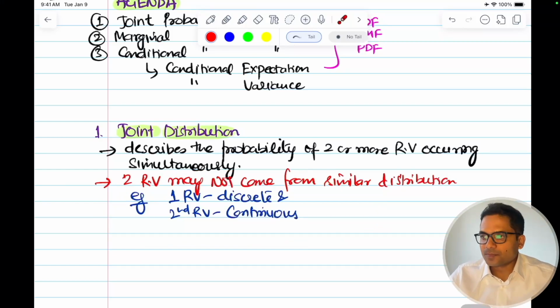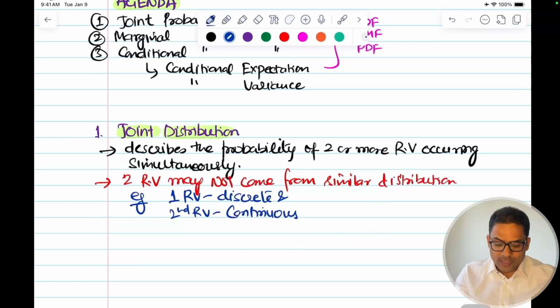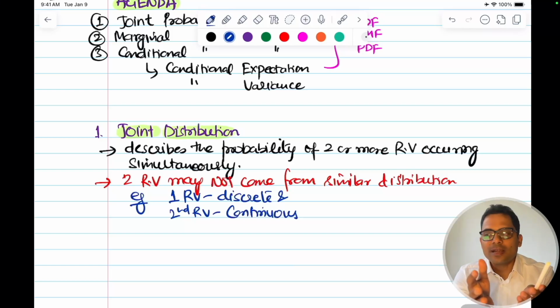So in the real world, I'll give you a simple example, and then we'll see a concrete example. If you have two random variables, such as the height of a person and the weight of a person, and you want to see the joint distribution or combined probability of a specific height and specific weight, then we say this is a joint distribution of height and weight.